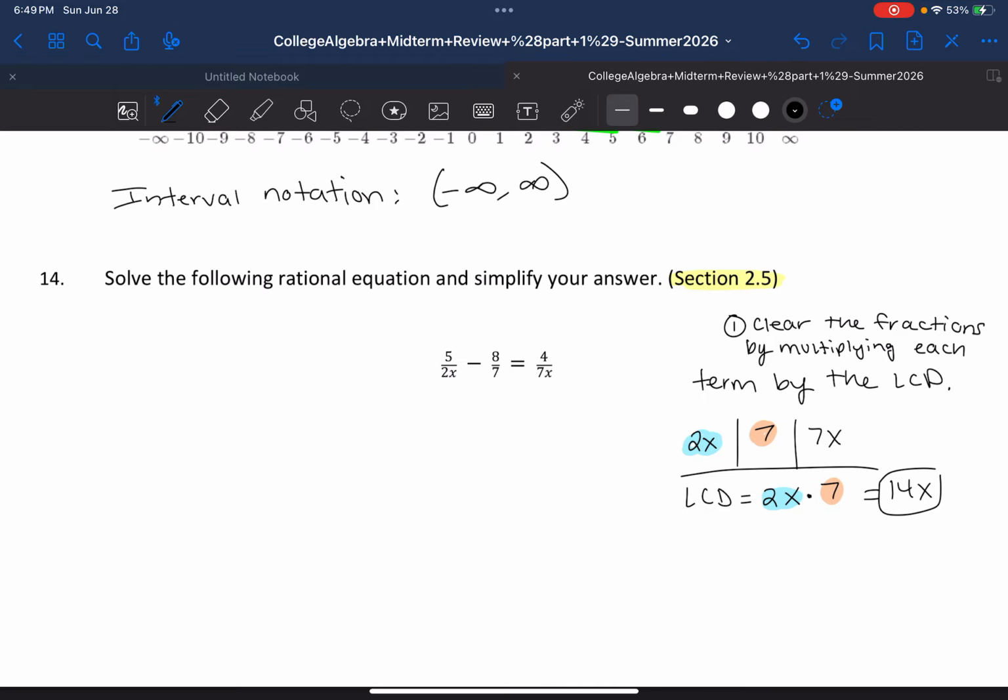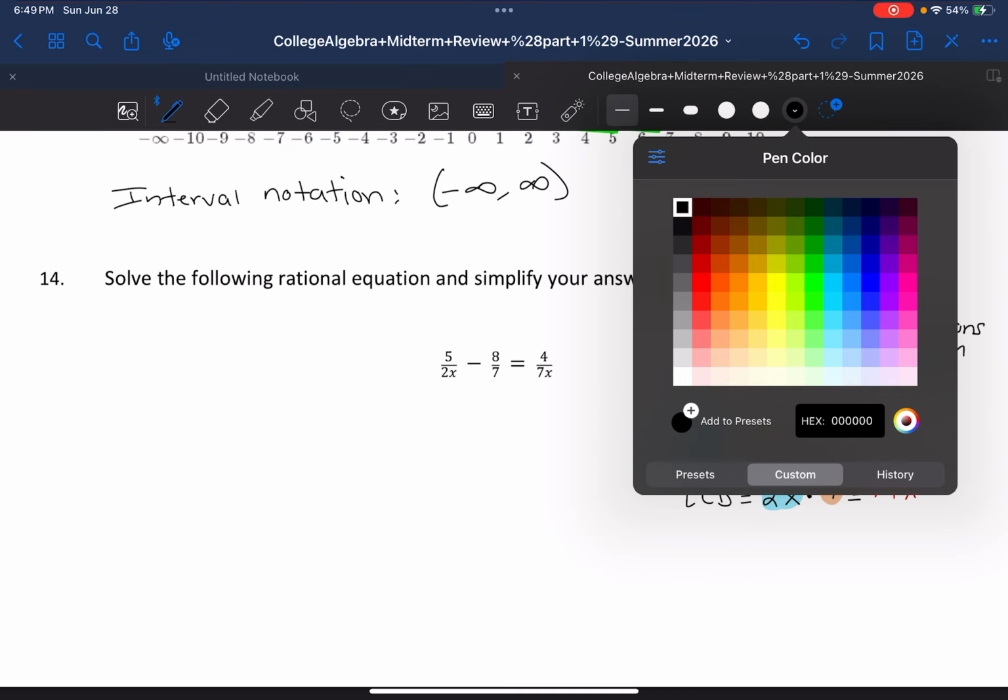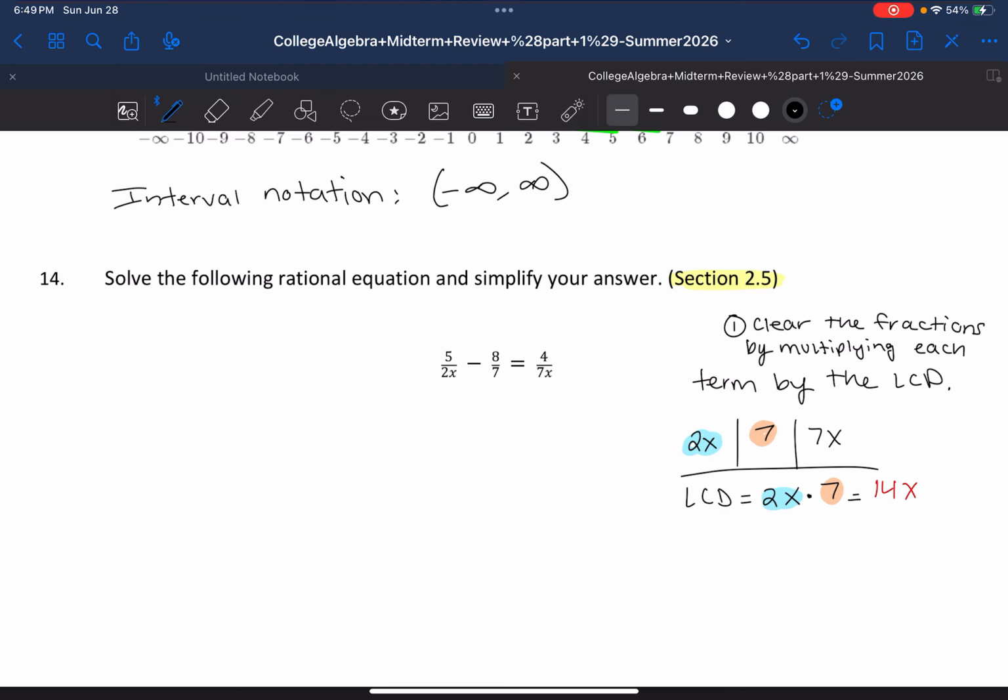And this is what I'm going to multiply by every term. So you're finding the smallest thing that all of these denominators can divide into, and that would be 14x.